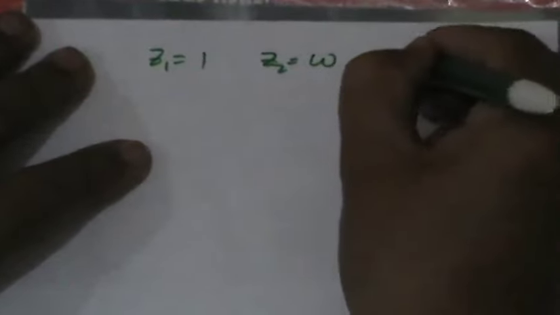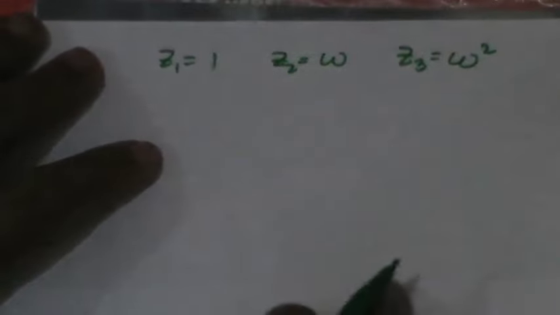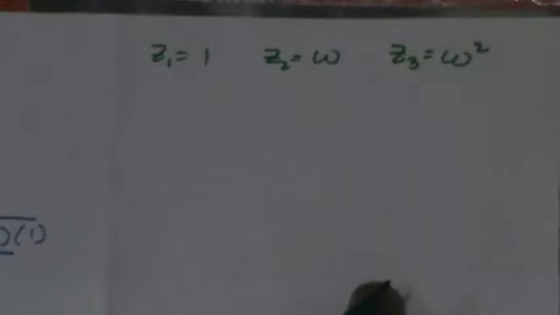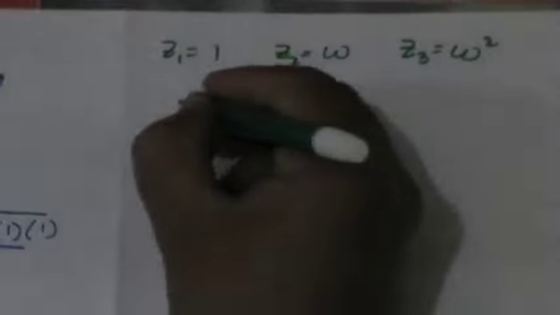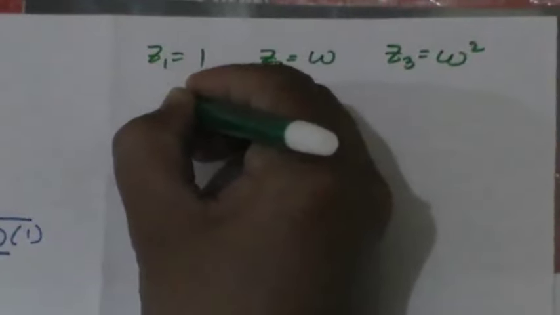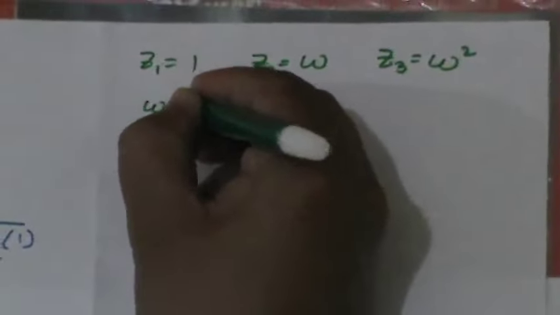So again, if I let my z1 equal to 1, it turns out that my z2, if I let it be my omega, it turns out that my root 3 becomes omega squared. Now, I'm a bit interested in what happens if I take, again, let me just write it here.